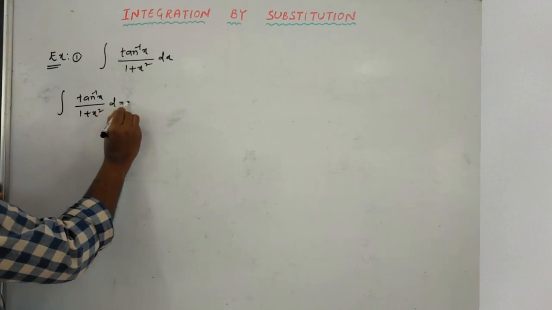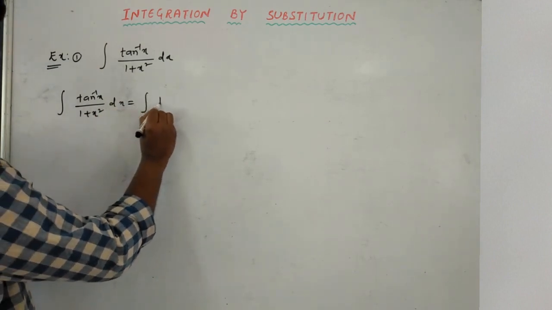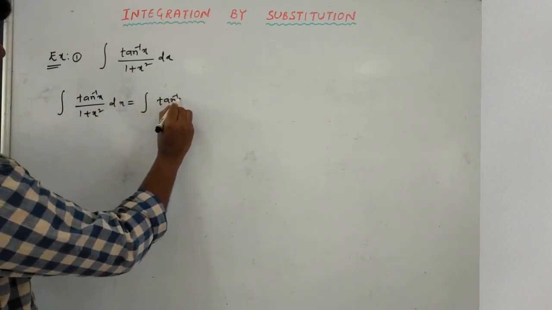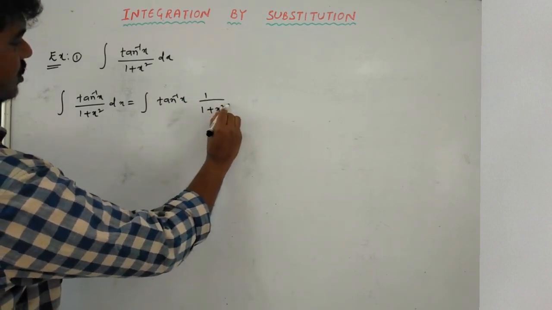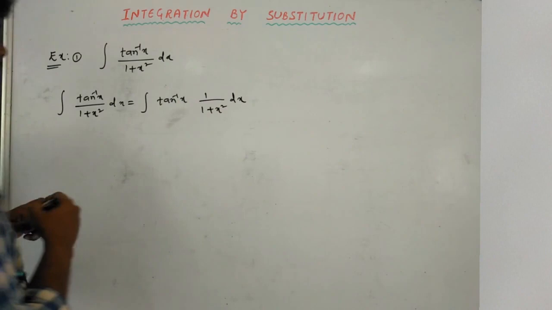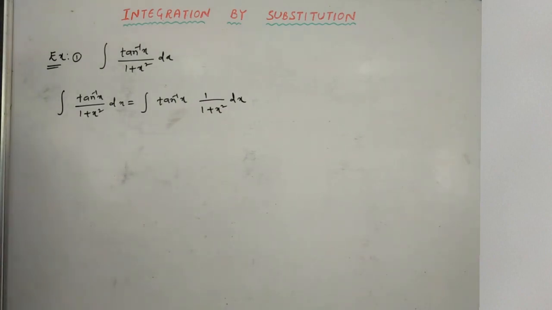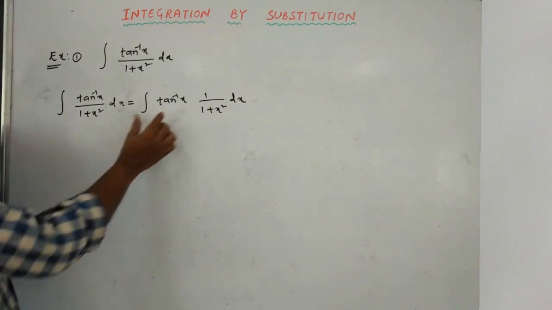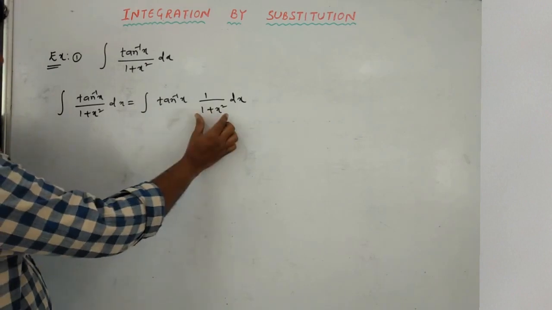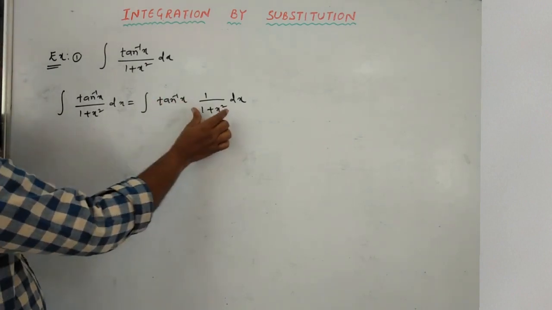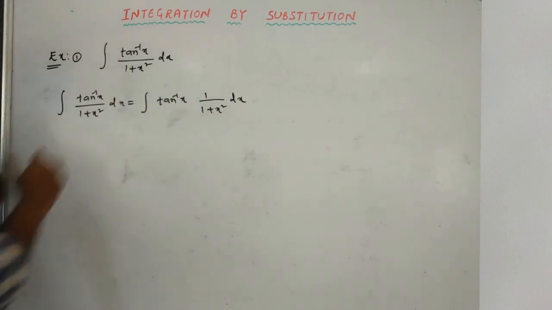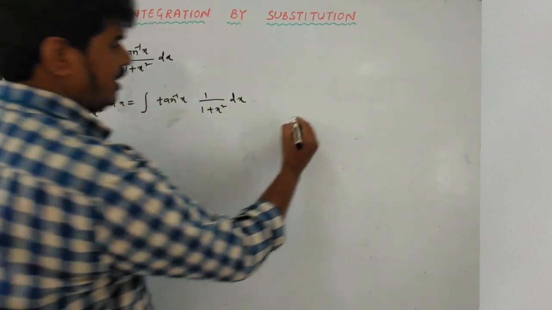I am going to take it as the integral of tan inverse x into 1 by 1 plus x square dx. Here you observe two functions, one is tan inverse x, one is 1 divided by 1 plus x square. The derivative of this one is this, so take tan inverse x equals t.